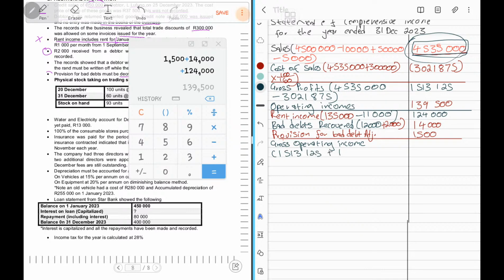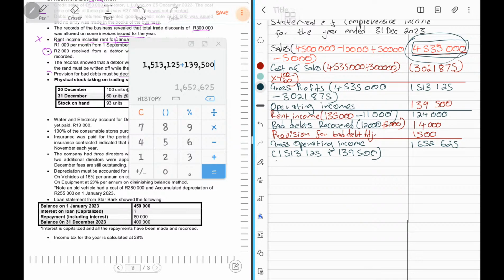We add it with 139,500. That gives us 1,652,625.